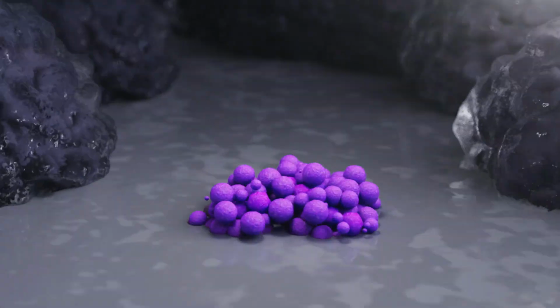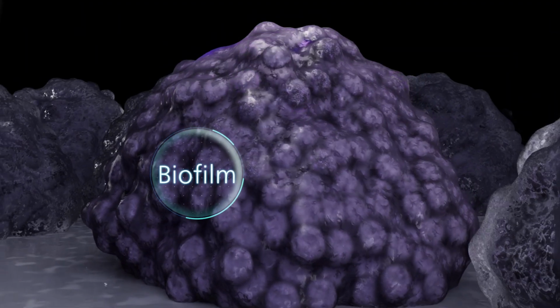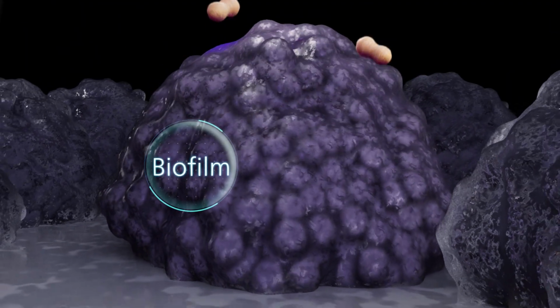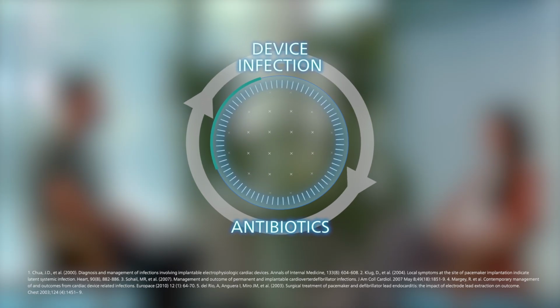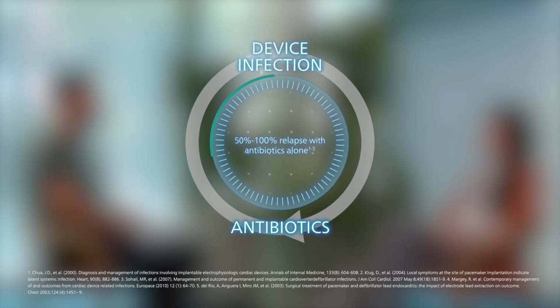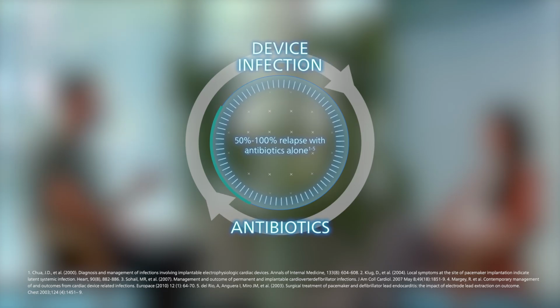With the CIED you have a big surface, and these bacteria form a biofilm, and within this biofilm they hide, and it's not possible to kill all these bacteria within this biofilm. Even if you treat for 4 or 6 weeks, you will never be able to kill all the bacteria. And after you stop antibiotics, these bacteria can cause a recurrent infection.